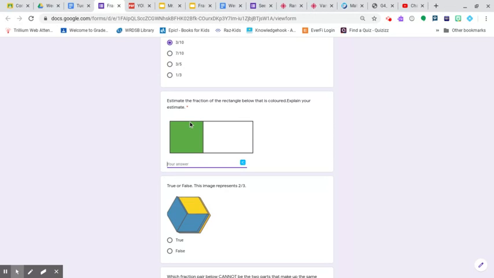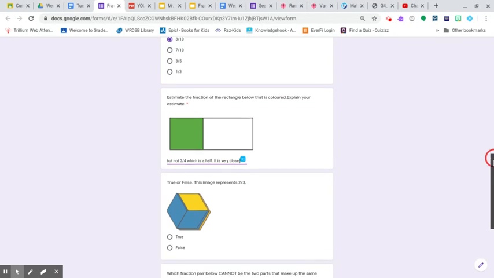It's not quite 1/4, so it's more than that. So I could say it's closer to a half. Explain your reasoning. Okay, it is more than 1/4, but not 2/4, which is a half. It is very close.